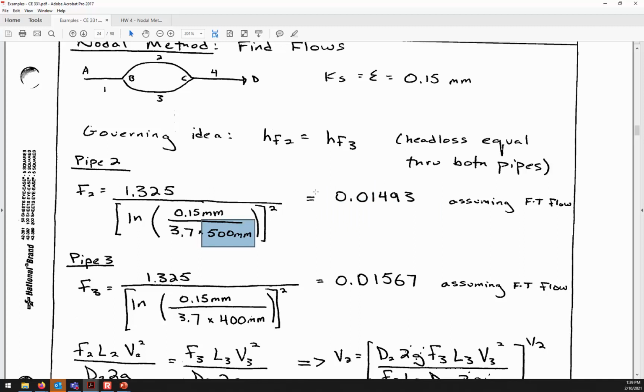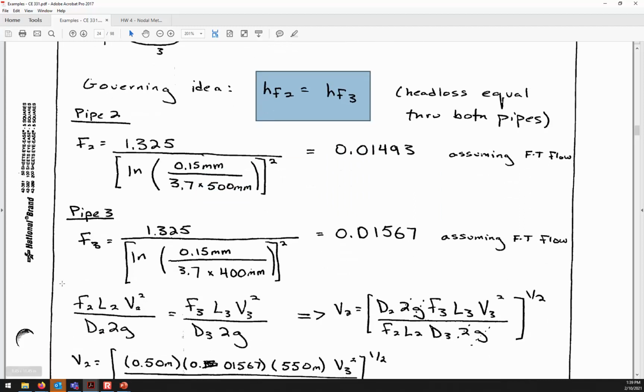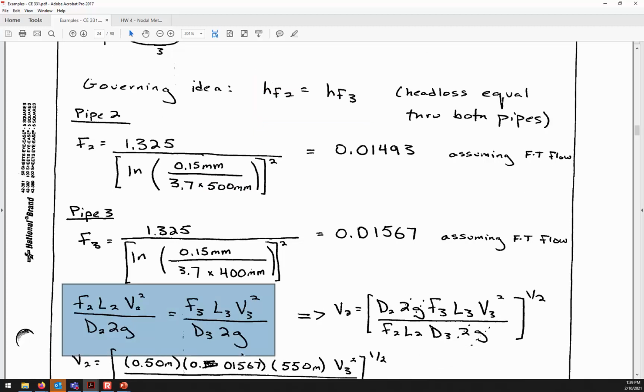Now, since the head loss is the same through either route, we set the two Darcy-Weisbach equations equal to each other, and we can rearrange to get V2 in terms of V3. So I've algebraically rearranged that equation so that I have V2 in terms of V3. You could have done the reverse; it would also be okay to find V3 in terms of V2.